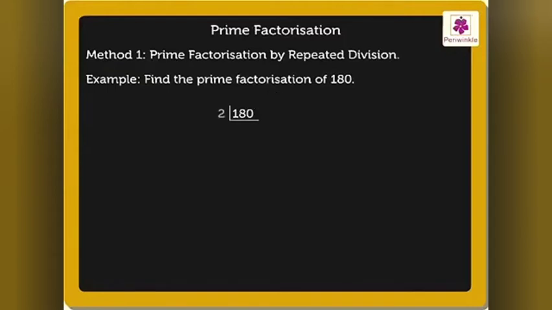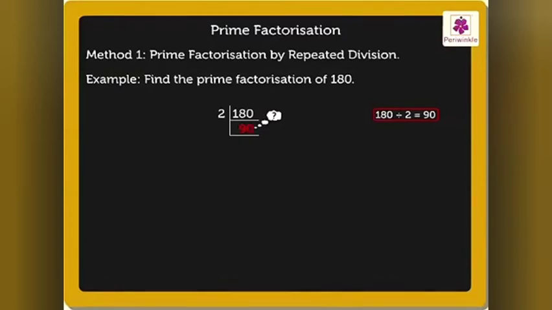We write 2 to the left of 180 and dividing it by 2, we get 90, which we write below the dividend 180. Now we have to divide the quotient 90 with the smallest prime number.